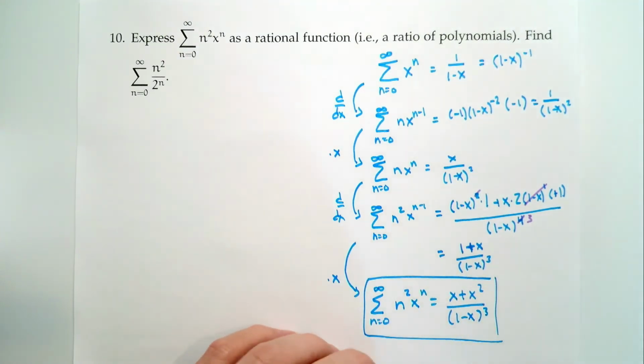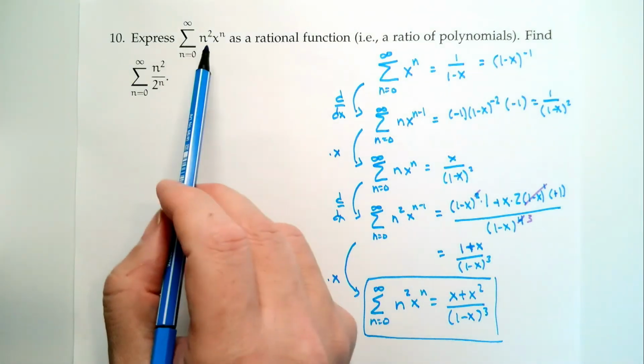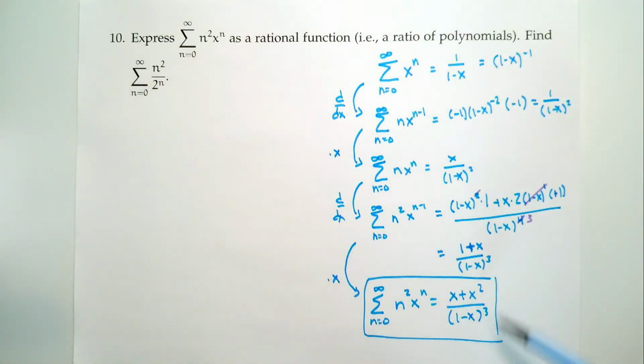That's the first question. Express this sum as a rational function, a ratio of polynomials, and we have succeeded. Woohoo! Nice.